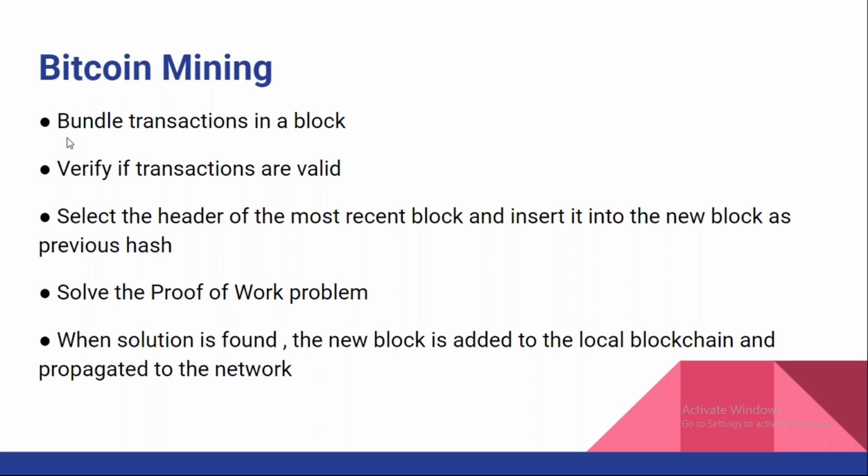Whatever transactions are stored in a particular block, we can see all of that. Only the basic information can be seen: from which address, to which address, and how much.